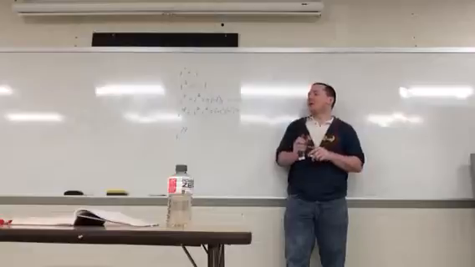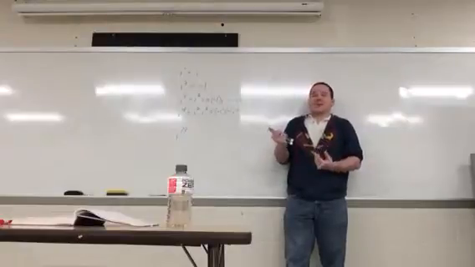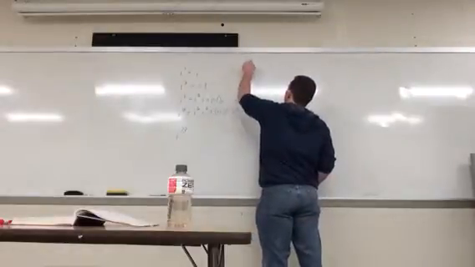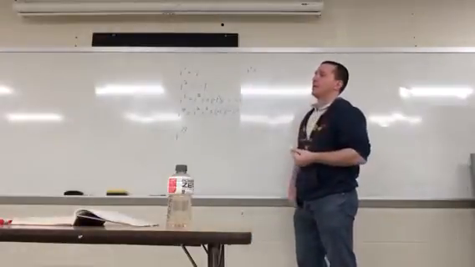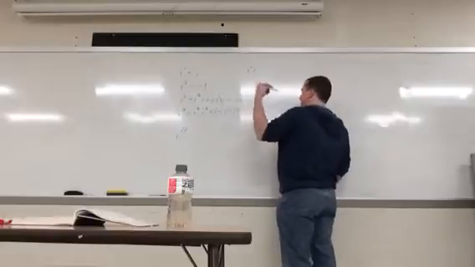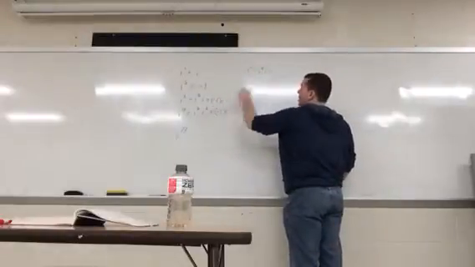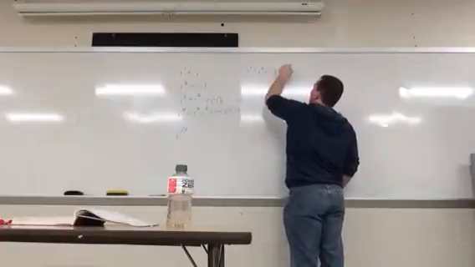Enjoy writing out a whole lot, or see the trick. What's i to the 5th? i. By definition, that's i to the 4th times i. i to the 4th is 1, so that's 1 times i, which is i.